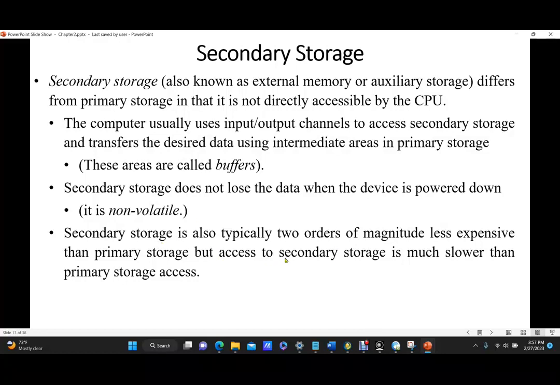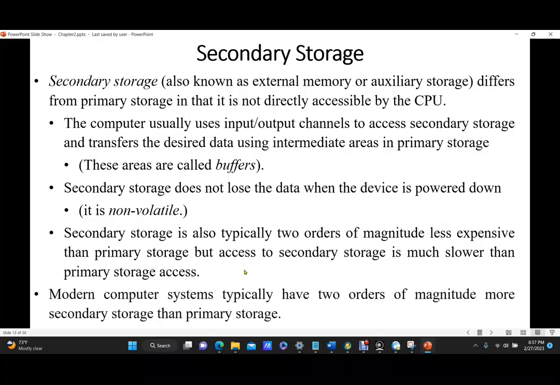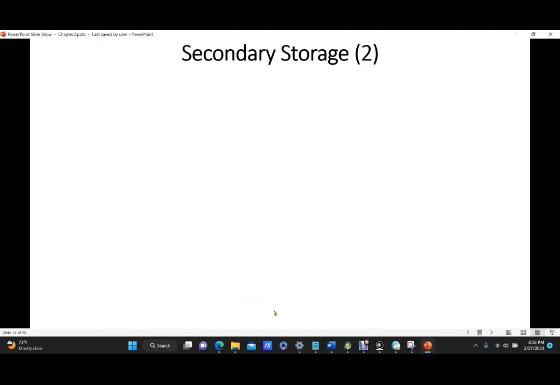But of course, the access is slower, milliseconds instead of nanoseconds. Modern computer systems typically have a lot more secondary storage than primary storage, a couple of orders of magnitude more.